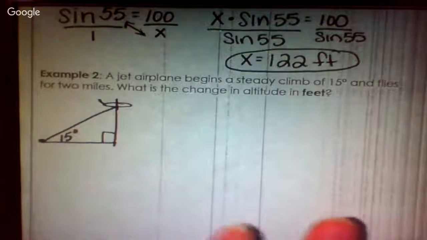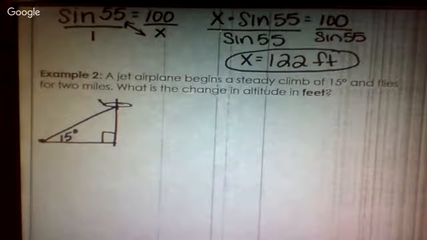Okay. So that's going to be your biggest problem, interpreting what it's saying and putting your numbers where they actually go. It also says that it flies for 2 miles. Where does 2 miles go? On the diagonal. It's the path of the plane.